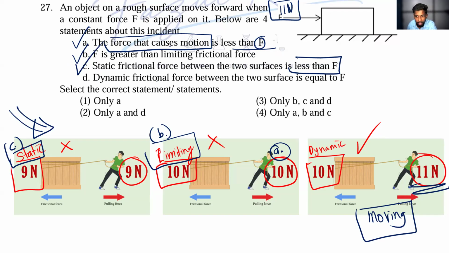Dynamic frictional force is equal to F? Dynamic is 10, and we are applying 11 Newton. Both are not the same. So that is wrong. So the answer will be A, B, C.